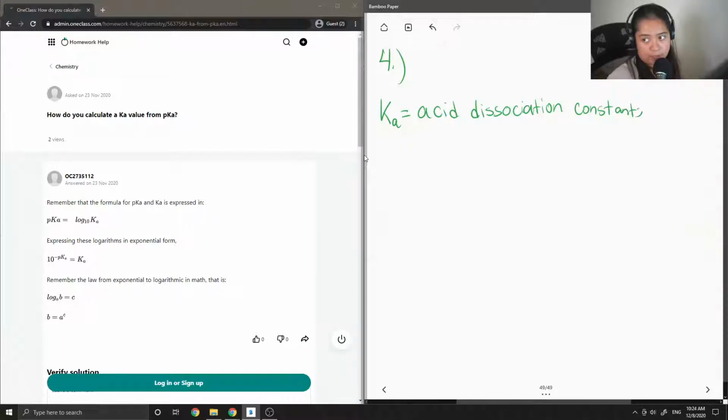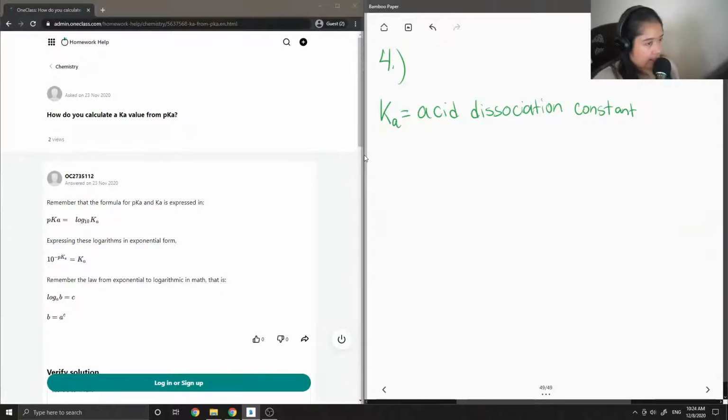And it's different depending on the type of acid that you have, which also depends on the temperature that the acid is in. So it depends on a lot of different factors.